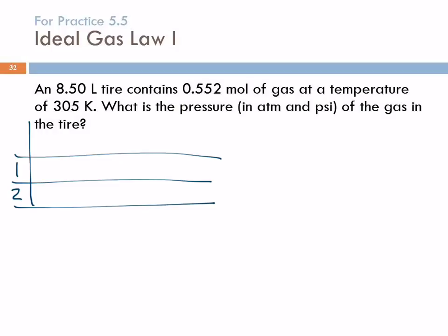So we write down the first number, 8.50 liters. It doesn't tell us what that quantity is, but the unit does. Liter is a unit of what? Volume. So that's the volume. Next number, 0.552 moles.